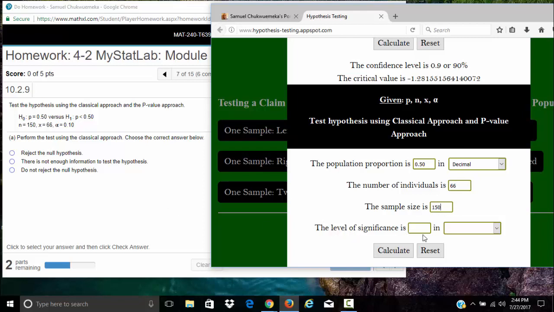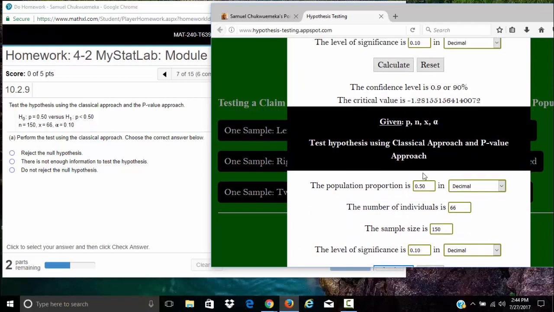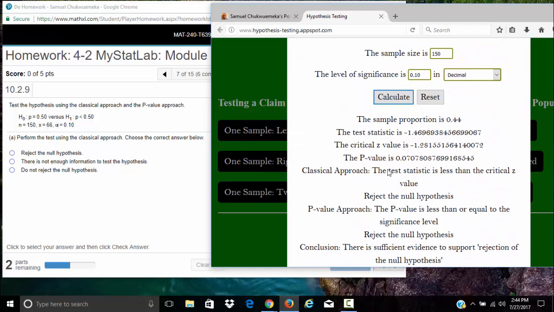Level of significance alpha is 0.10, and that is in decimal. And you click calculate. Remember, this is left-tailed. Make sure you select left-tailed. The nice thing about this calculator is I wrote it in a way that it gives you a lot of values, so we could really answer it right away.